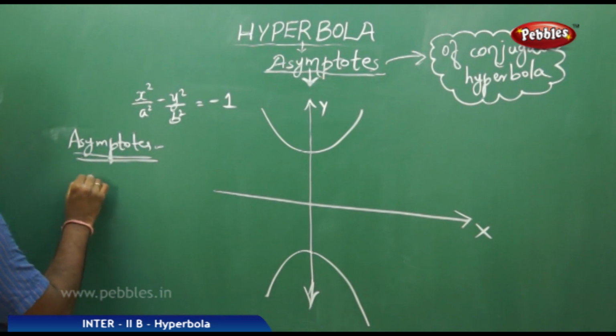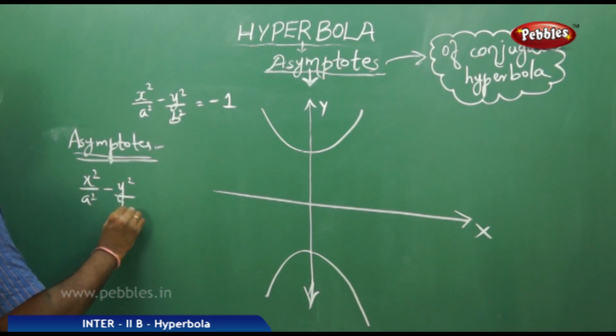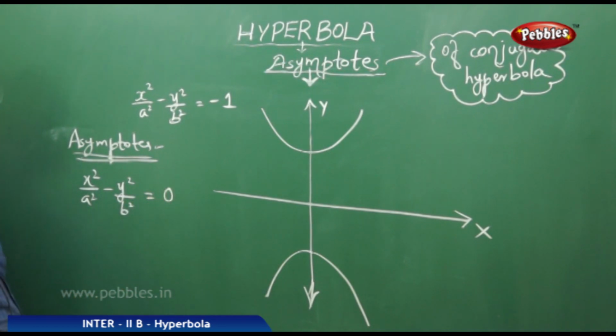That is, the asymptotes for the conjugate hyperbola are given by this equal to 0.